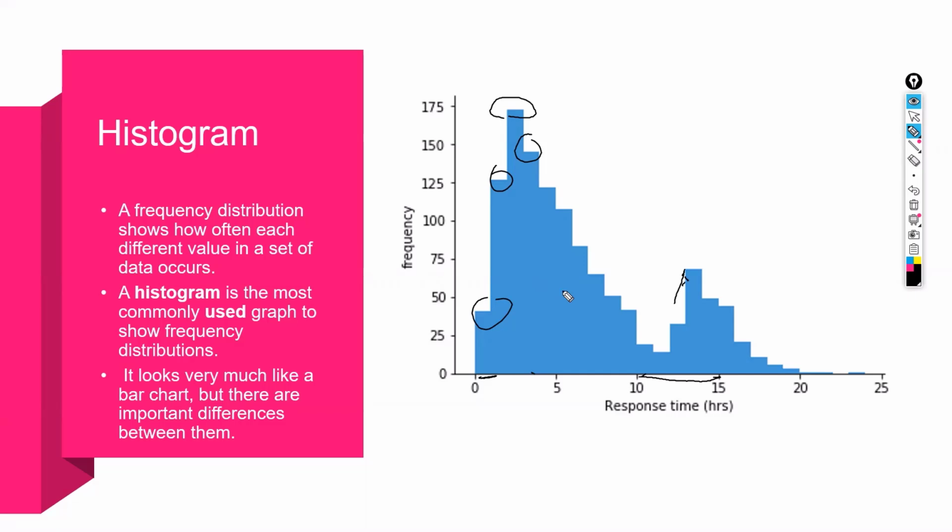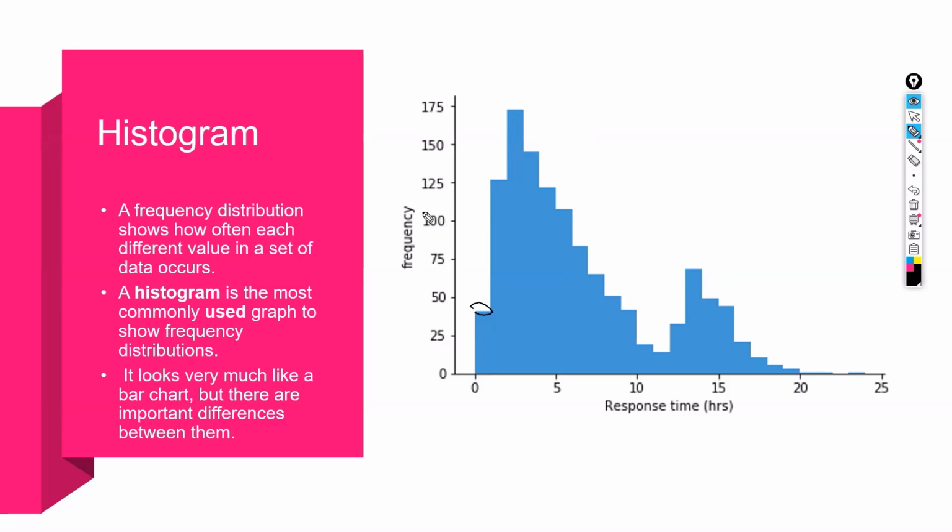So the histogram you can see here shows a frequency distribution of time to response for tickets sent into a fictional support system. Each bar here covers 1 hour of time, and the height indicates the number of tickets in each time range.